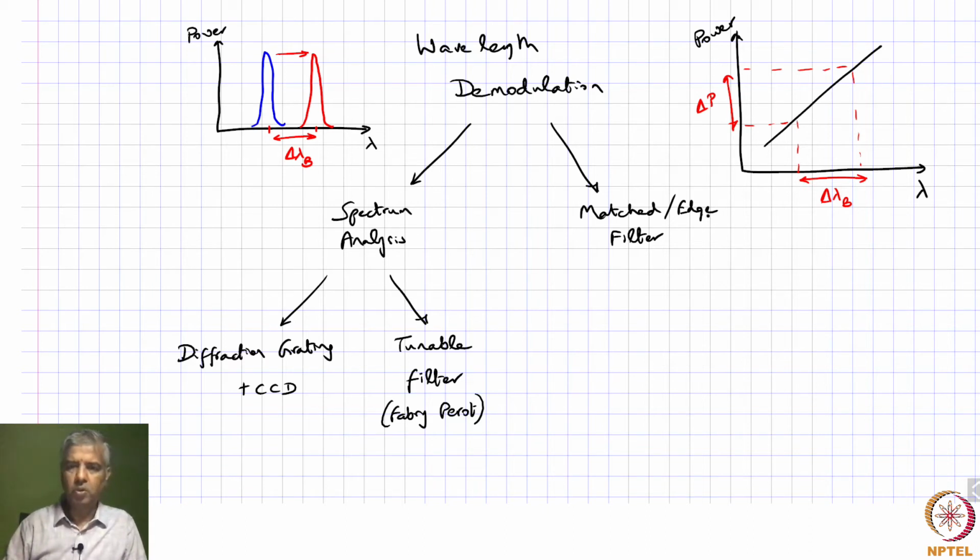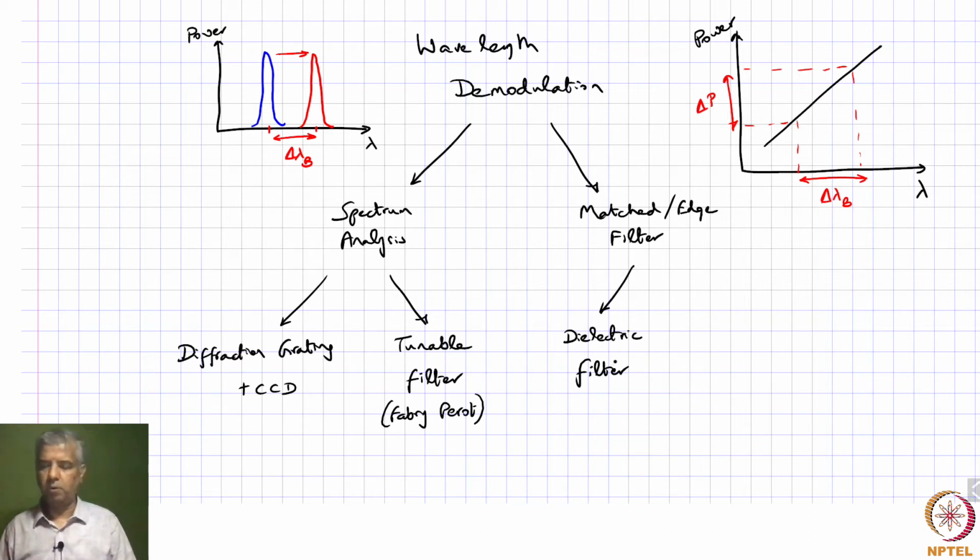Now, when we talk about a match filter, what we are essentially talking about is either a dielectric filter, which is more like what you call an edge type of filter. It will typically have a transmittance as a function of wavelength like this.